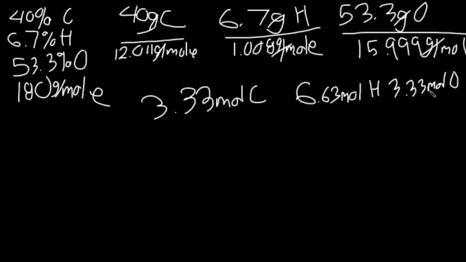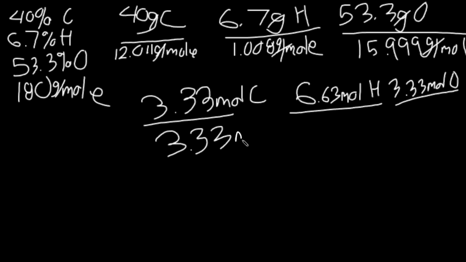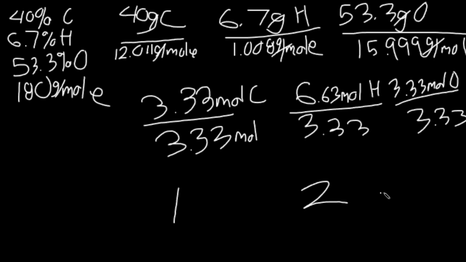Now, seeing this, we need to divide them by the lowest given mole value. Since the lowest mole value is 3.33, we divide them all by 3.33. Now we get the answers, which are 1, 2, and 1.